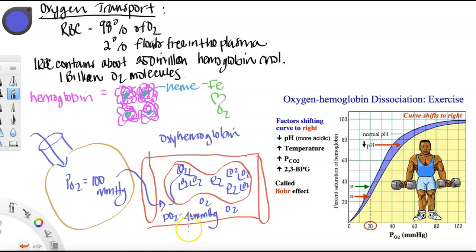Once it gets to 100 millimeters of mercury, no more oxygen can diffuse. So it diffuses until hemoglobin is saturated, then it goes into the plasma until 2%, that's what's left, just floats around in the plasma.